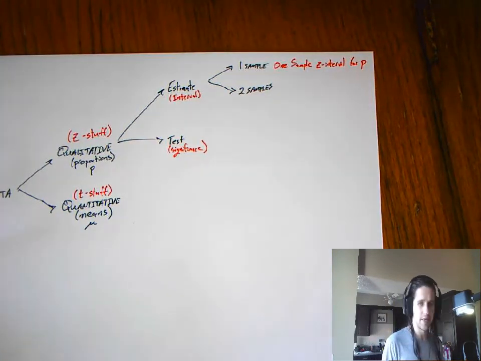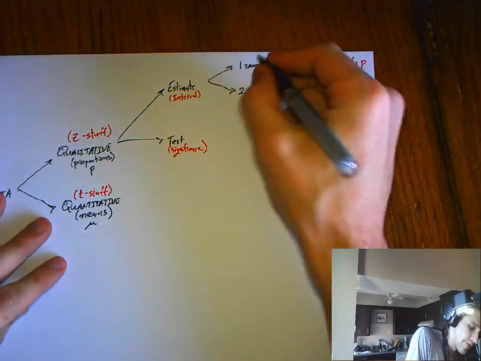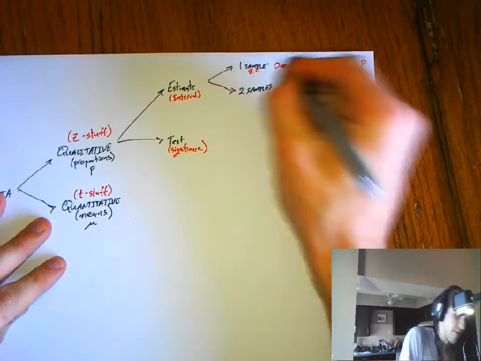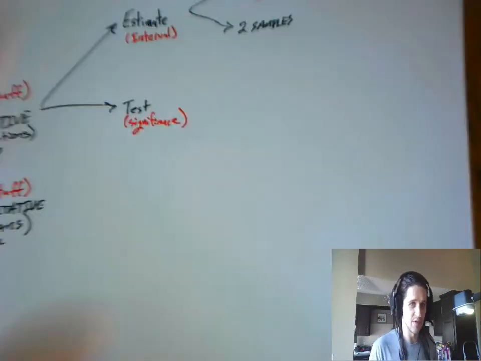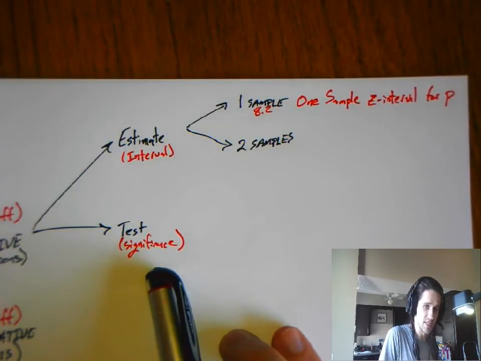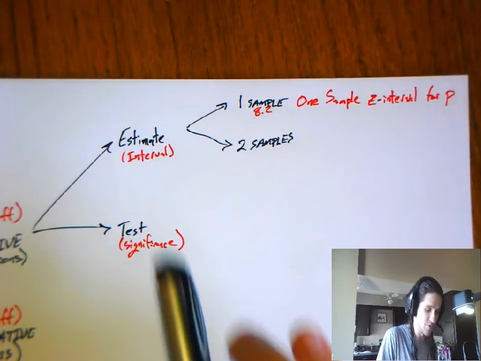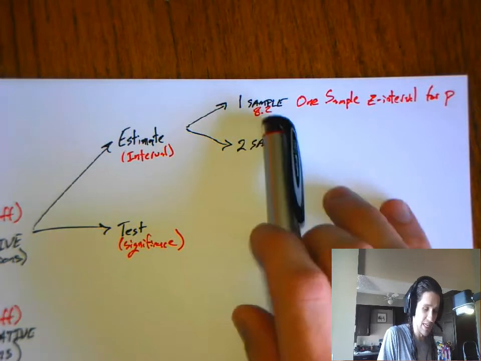What's that look like? Go back to 8.2. Check that out. Let me zoom in there so you can see what I'm doing. Let me show you how I'm marking this. Estimate or test. Estimate, making an interval. Test, and I'm doing significance test stuff. I'm going to say one sample, and I'm going to name the test.